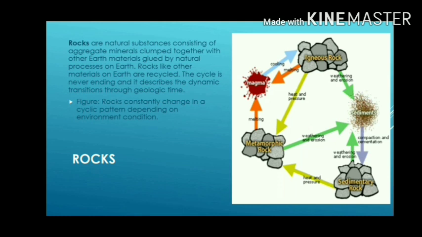So we start from metamorphic rocks. The metamorphic rocks are melted into magma, and the magma cools, then becomes igneous rock. After that, weathering and erosion are the processes involved in rocks becoming sediments.